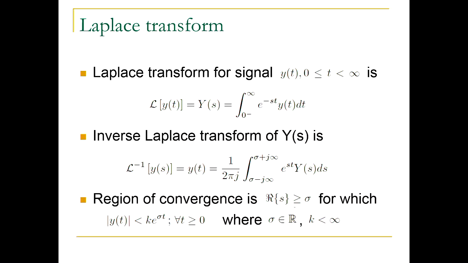So if you are given a signal y of t, and if the signal satisfies this inequality, by the way, this sigma can be positive, right? Then the region of convergence is all s's with real part of s greater than or equal to sigma, where sigma is just some real number, and k is just something that's smaller than infinity.